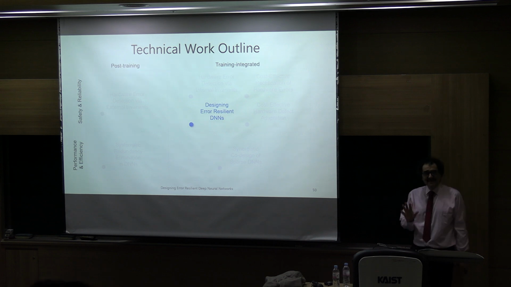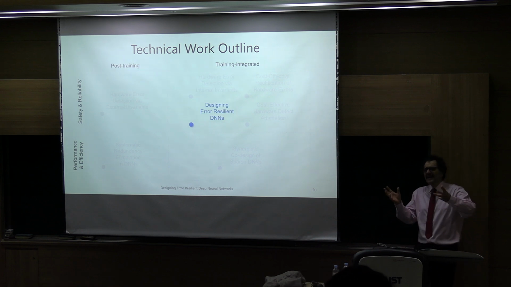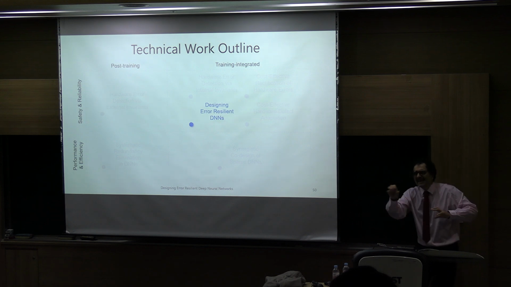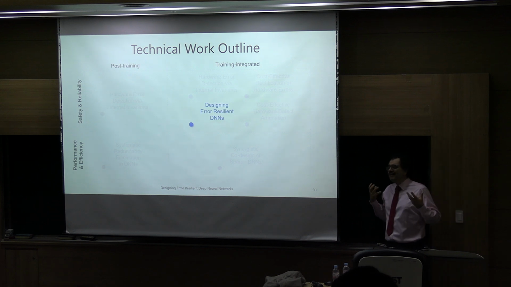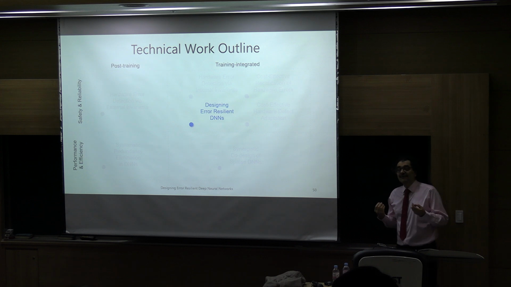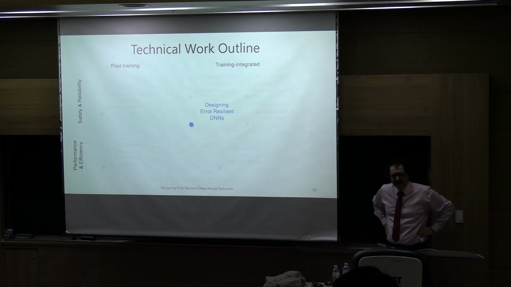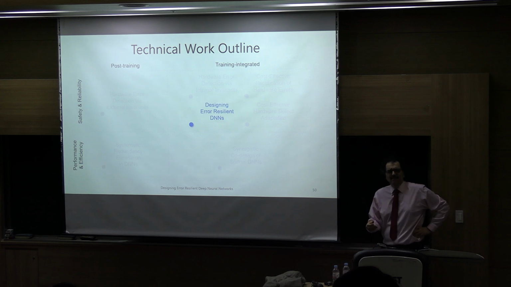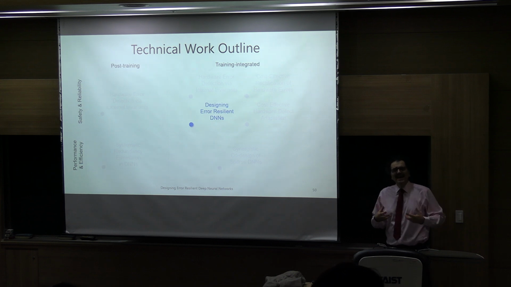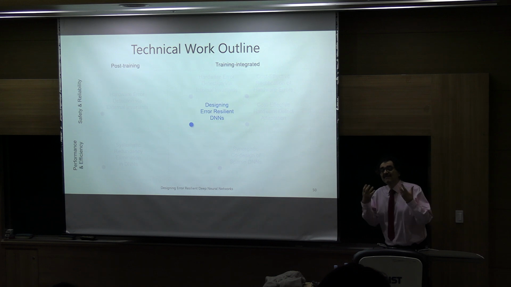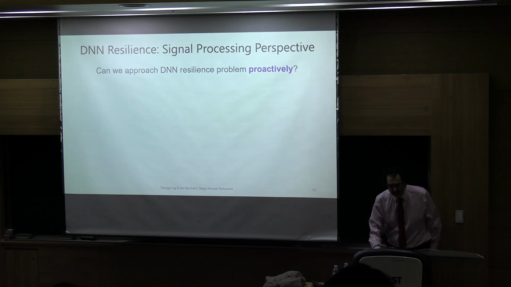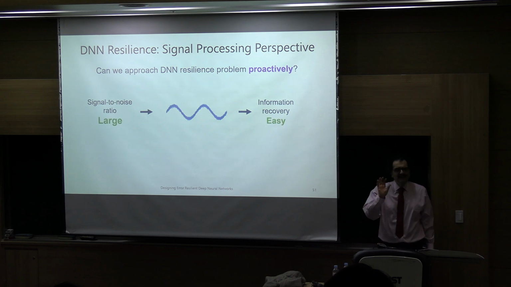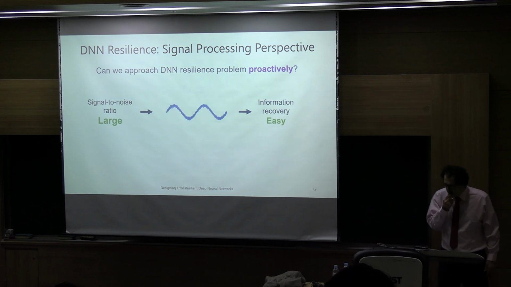All right, so what you have seen now is these neighborhoods building in invariants so that you can prepare systems for catching errors when they happen. And a different perspective is, instead of catching errors as they happen, why don't we make the systems not be vulnerable to errors? What does this mean? Well, let's take a look at this particular part and think a little bit about signal-to-noise ratios.